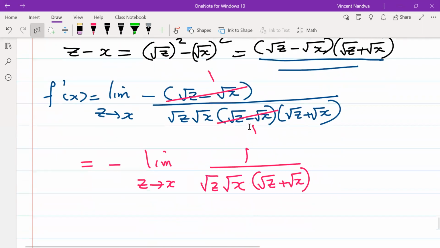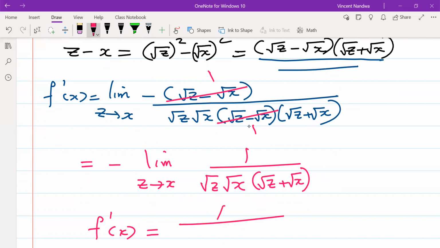Okay. So z is approaching x, which means the z will be replaced by x.